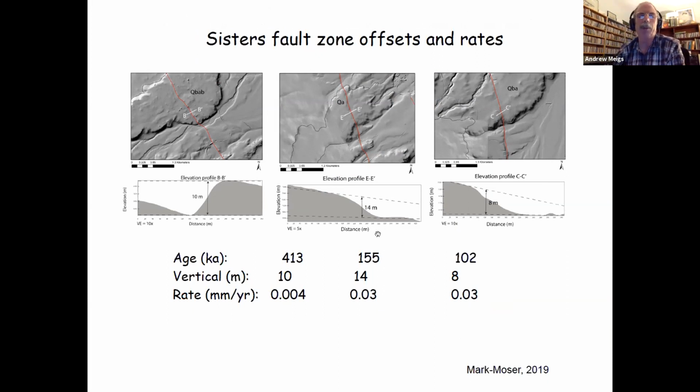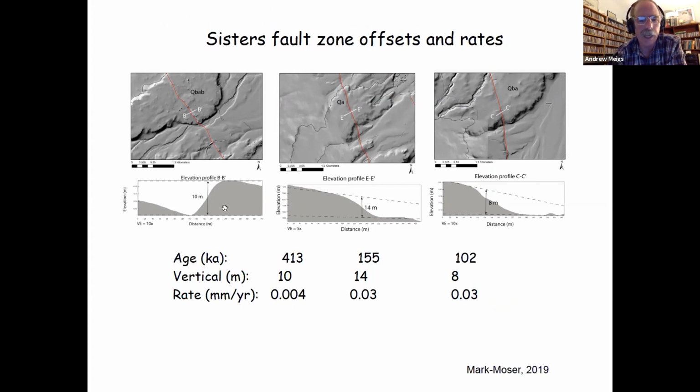We can say something about how old the fault zone might be by comparing the vertical component of displacement across lava flows of different ages. So from left to right, we have 400,000, 150,000 and 100,000 year old lava flows with topo profiles across them.